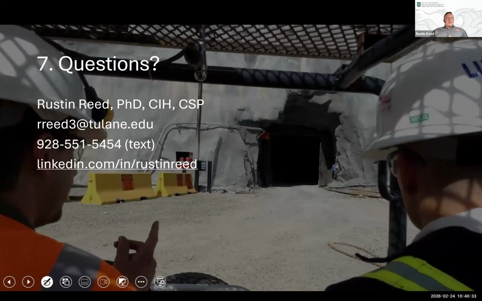We can make a huge difference if we can just have a seat at the table. We don't have to be the chairperson of the committee, but just so that the public health perspective is heard, that environmental health, that worker health, that those perspectives are heard, that we have a voice, and we can make a difference.